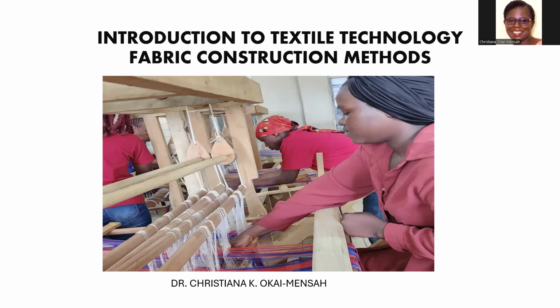We've learned about the basic weaves, that is the twill, the plain, the satin, and how to construct them. I know now you have constructed your twill and plain that you are using for the project that has been given to you. Their characteristics.